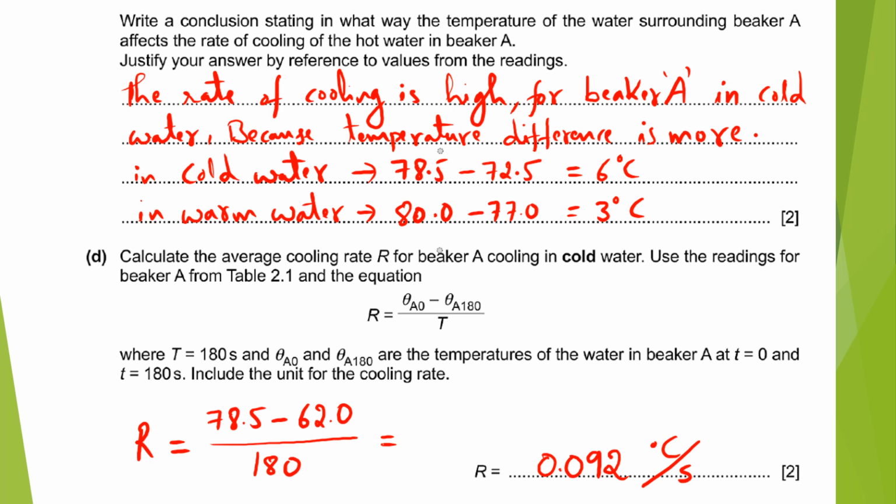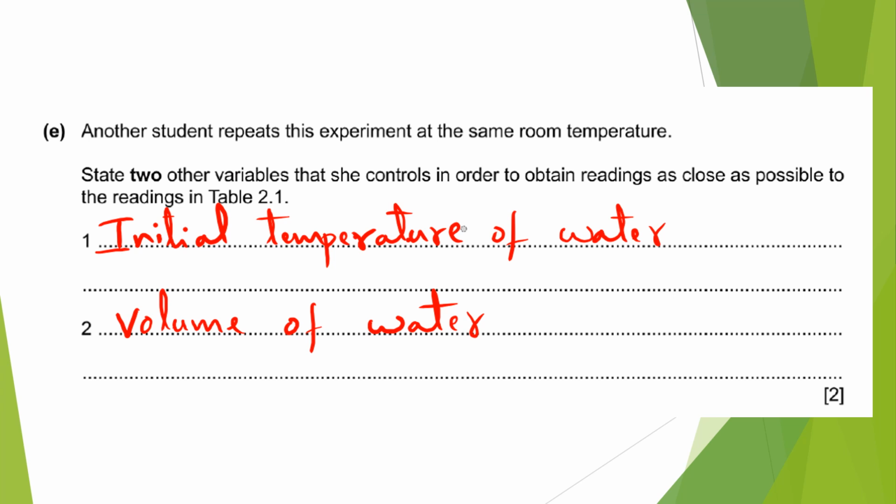Moving to the next question, part E. Another student repeats this experiment at the same room temperature. State two other variables that she controls in order to obtain readings as close as possible to the readings in table 2.1. So in table 2.1 already a student performed this experiment and another student is doing it at the same room temperature, that is actually one control variable.